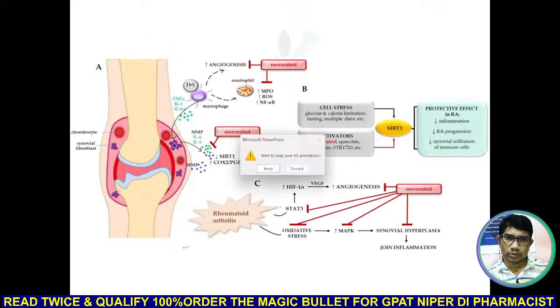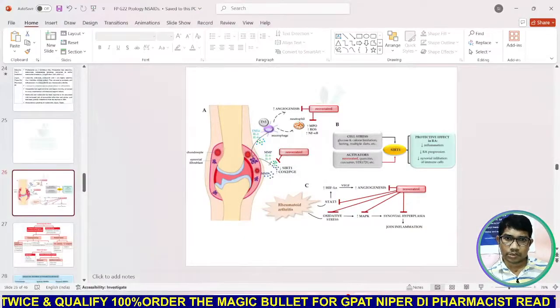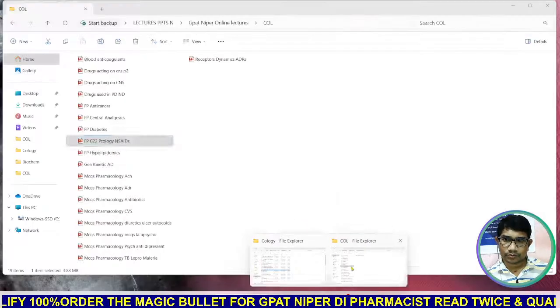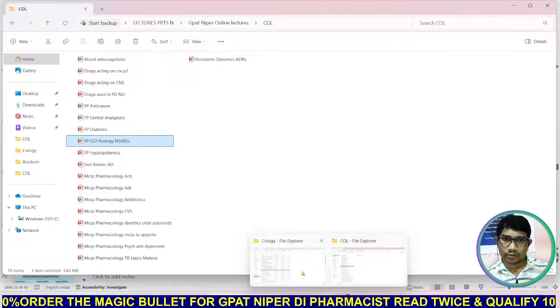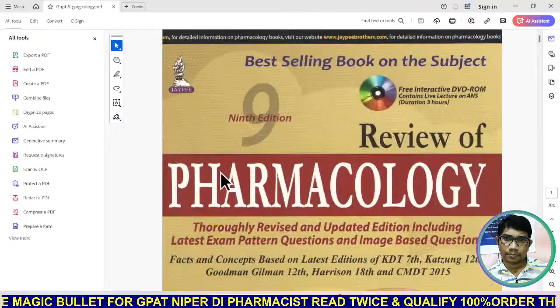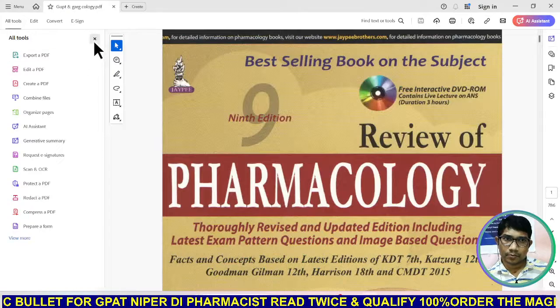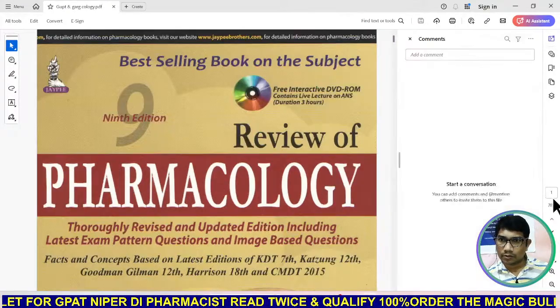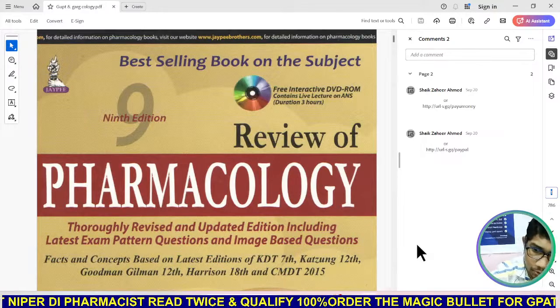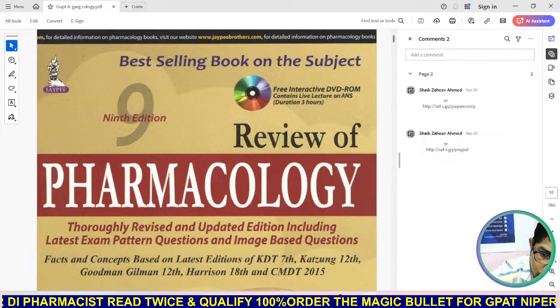So now we'll see some important points from the same chapter, from two different books. यहाँ पे थोड़ा सा इंपॉर्टेंट पॉइंट्स वगैरह आपको रिवाइज कर लेता हूँ.